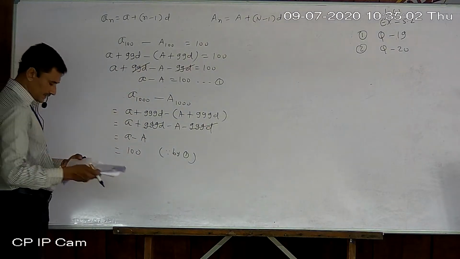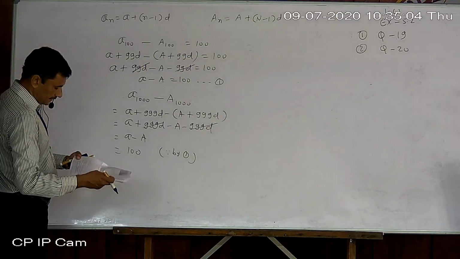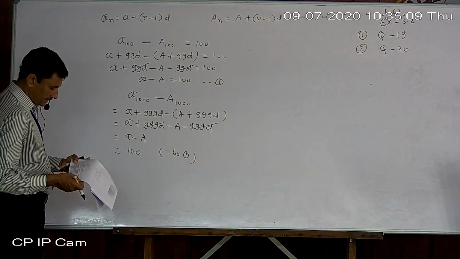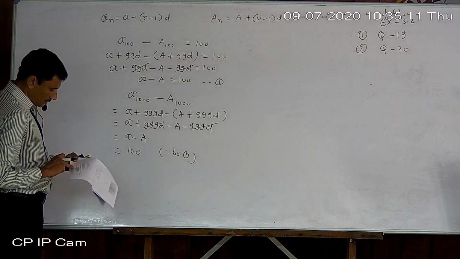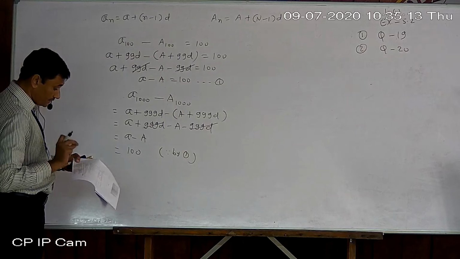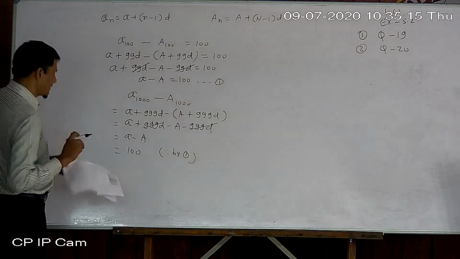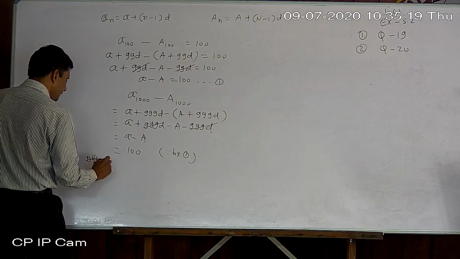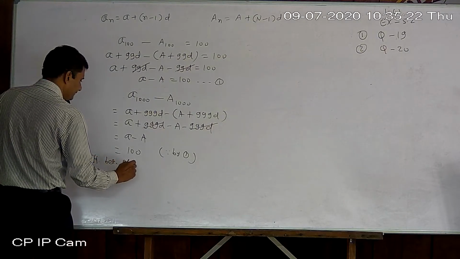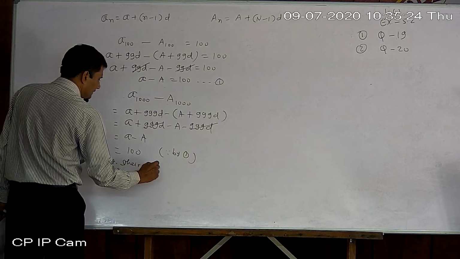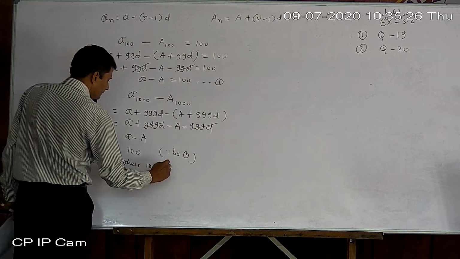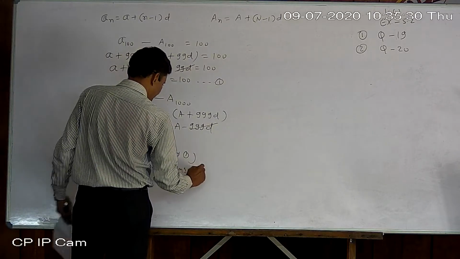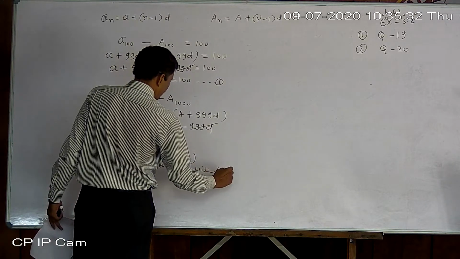Now you can write in statement also. Just give their statement back to them. What are they asking? Find the difference between that. What is the difference between their 1000th terms? So write down: the difference between their 1000th terms will be 100 only.